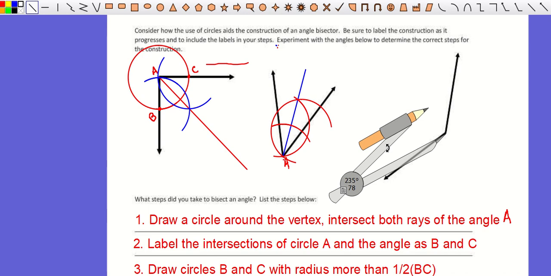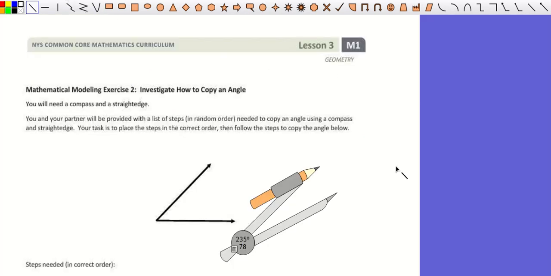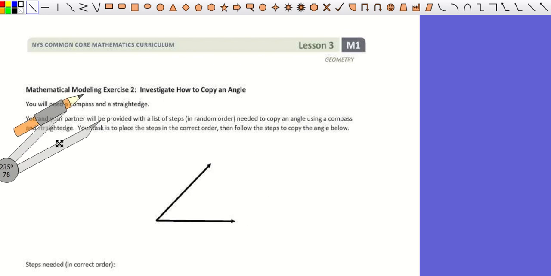Okay. Here's what I want you to do next. Turn your page. And we're going to talk about how to copy an angle. Okay, we're going to copy an angle. All right.